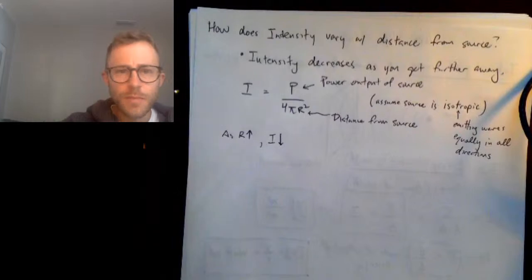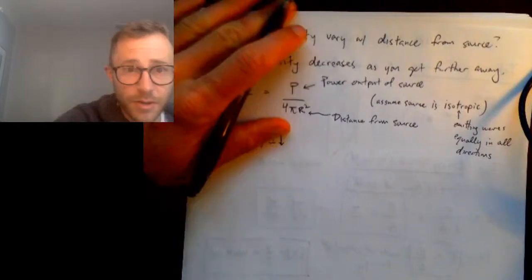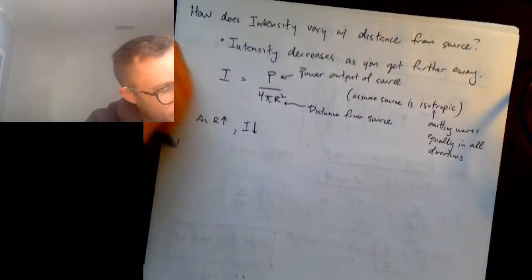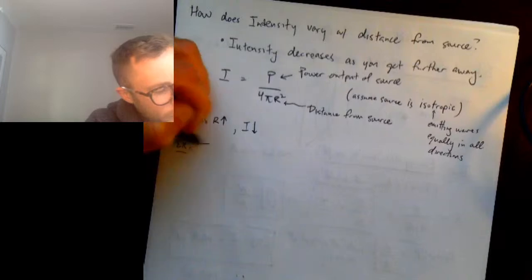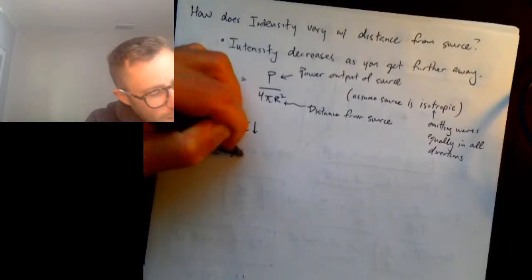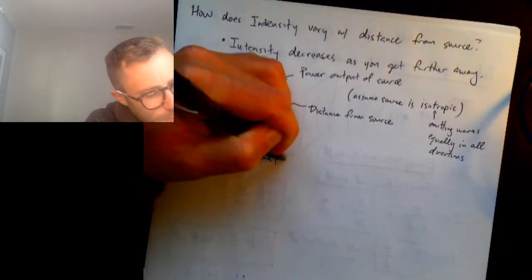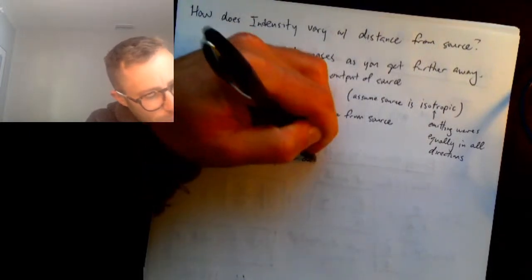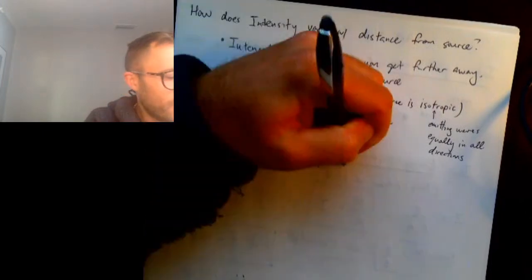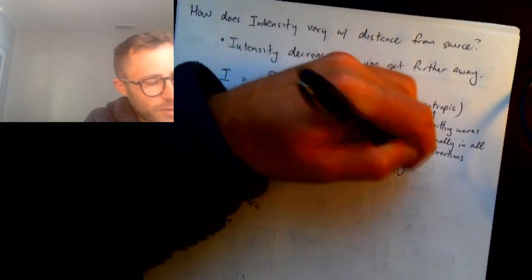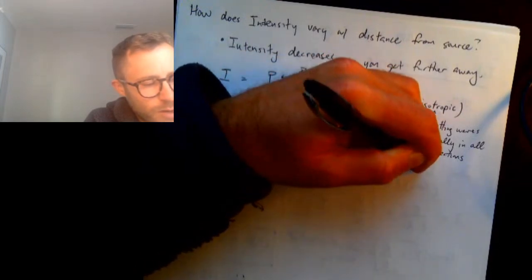Okay, so let's do a problem that involves the sun. Let's say the sun has a power output of 3.8 times 10 to the 26th watts.